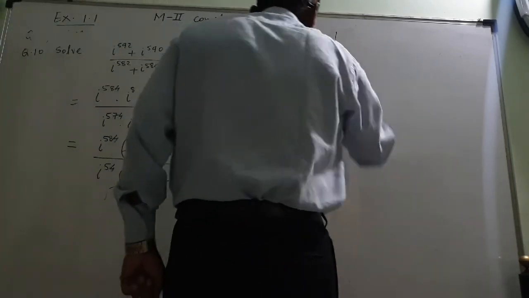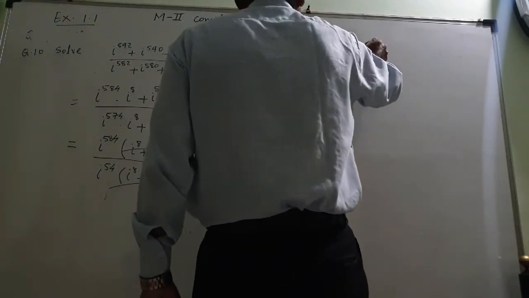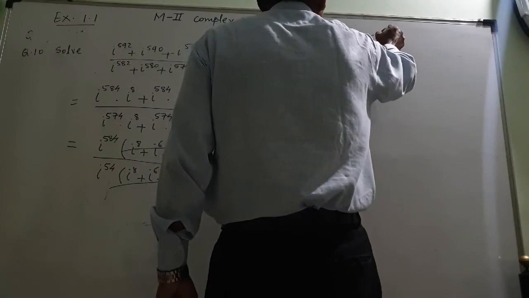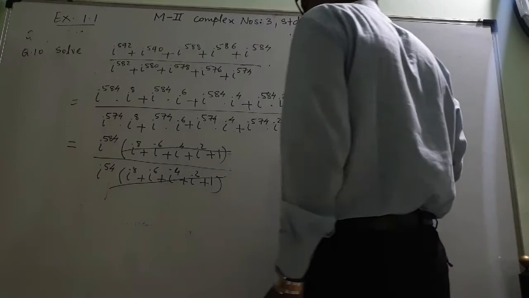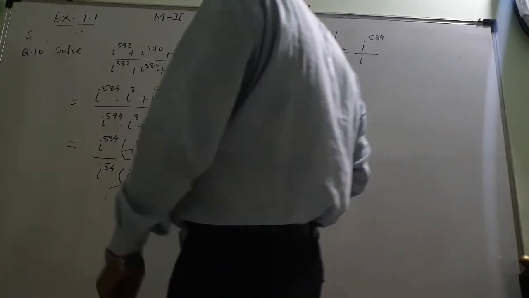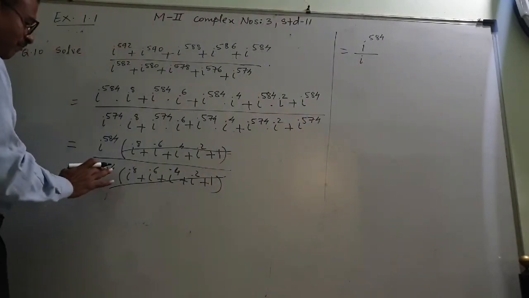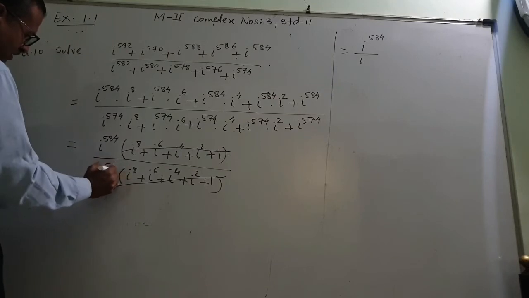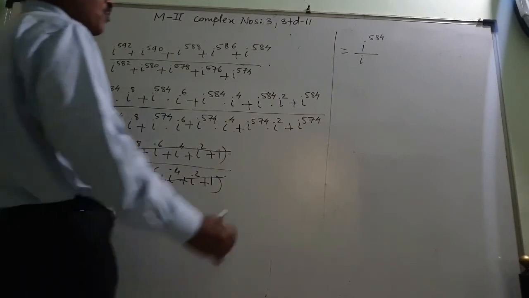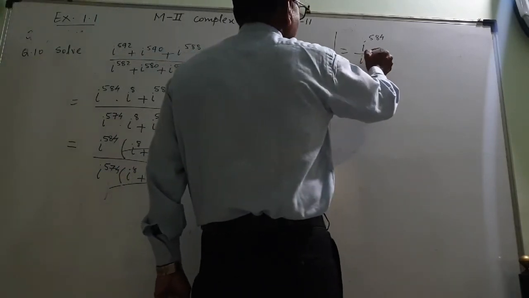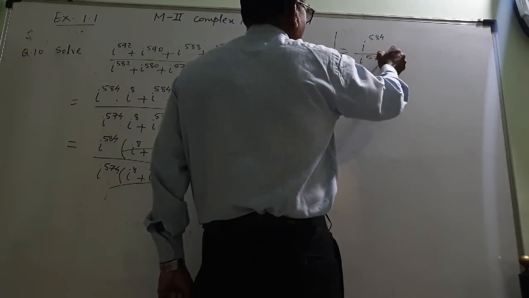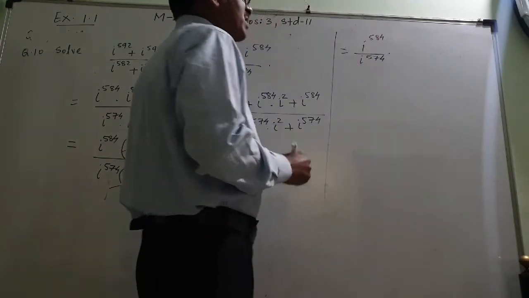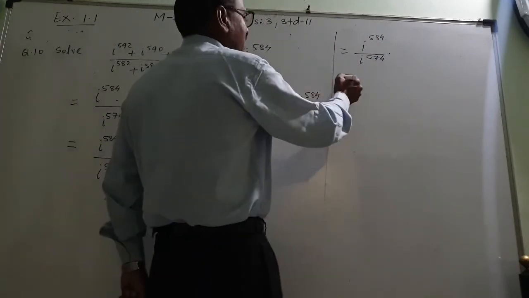So our answer is now that is equal to i raised to 584 upon i raised to 574. I have written only 554. 574 upon i raised to 574. Now this is the division. Division means subtraction of the indices.